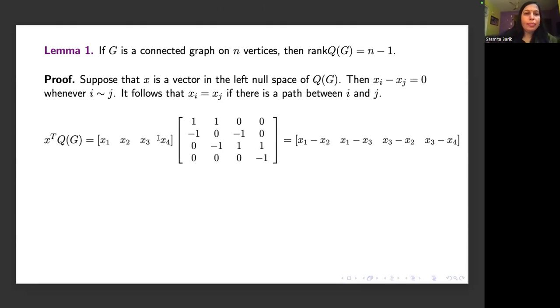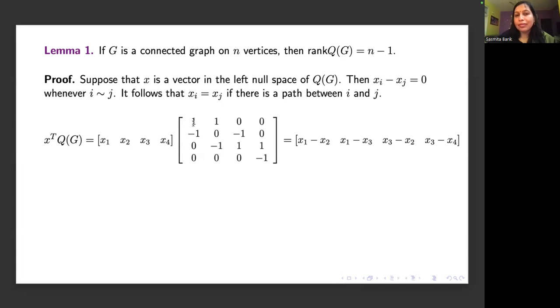I'll consider this expression, X transpose Q_G. If I multiply, you can observe that when there is a 1 and -1, because it's getting multiplied to the columns. So 1 and -1 appeared for this edge E1, because E1 was incident with vertex 1 and vertex 2.